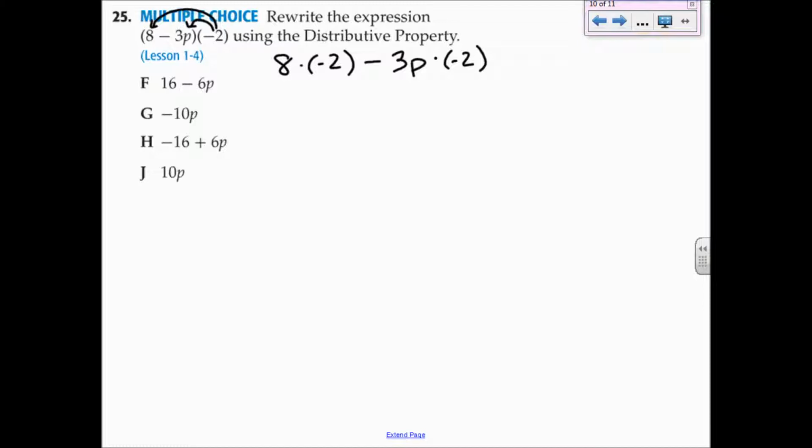Well, 8 times negative 2 is negative 16. Oops, sorry. And then minus 3 times negative 2 is negative 6. And when I subtract a negative, it's the same thing as adding a positive. So you can change both those. So negative 16 plus 6p. So I look at my options, and that's option H.